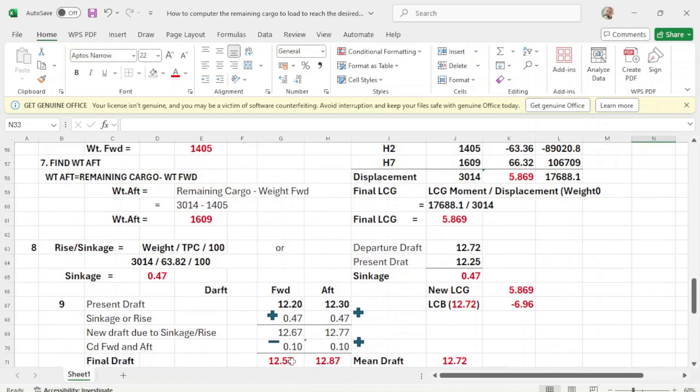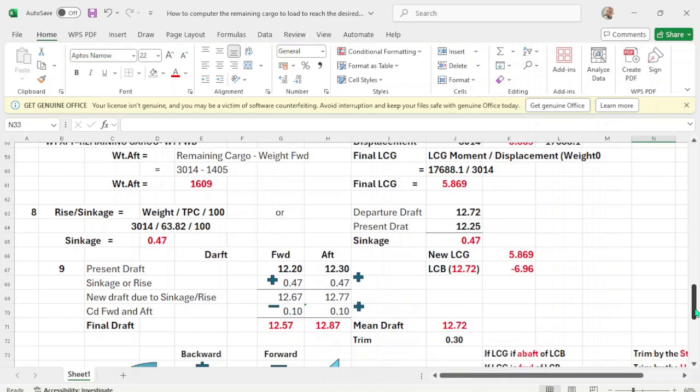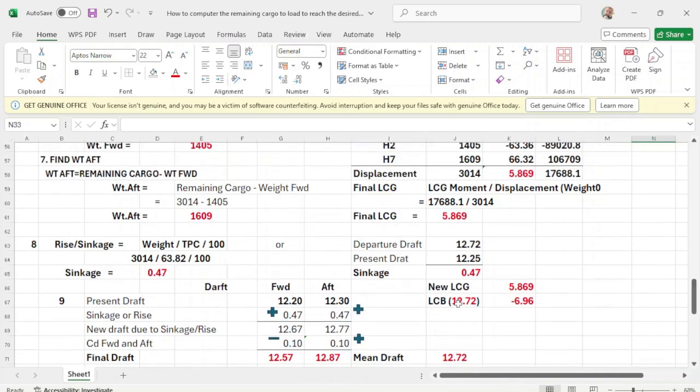Subtract this one, I'll explain later. Then your departure drop, the 12.57 forward and up drop, you add this one, will be 12.87. Your departure mean drop will be 12.72, and your trim will be 30 centimeters.